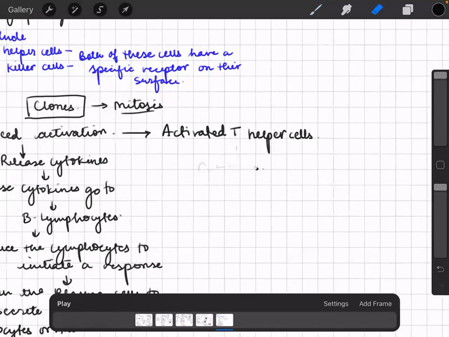Okay, once this process has also been initiated, then you will bring in your activated T killer cells. So I'm going to write about the killer cells first. Now what is this activated killer cell? It is exactly what it sounds like. These are the cells that are going to go to the antigen and basically kill that particular antigen.